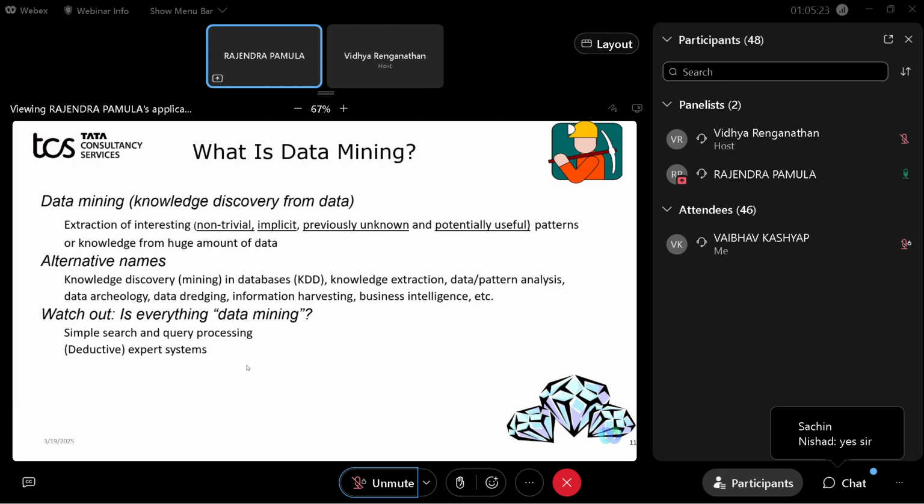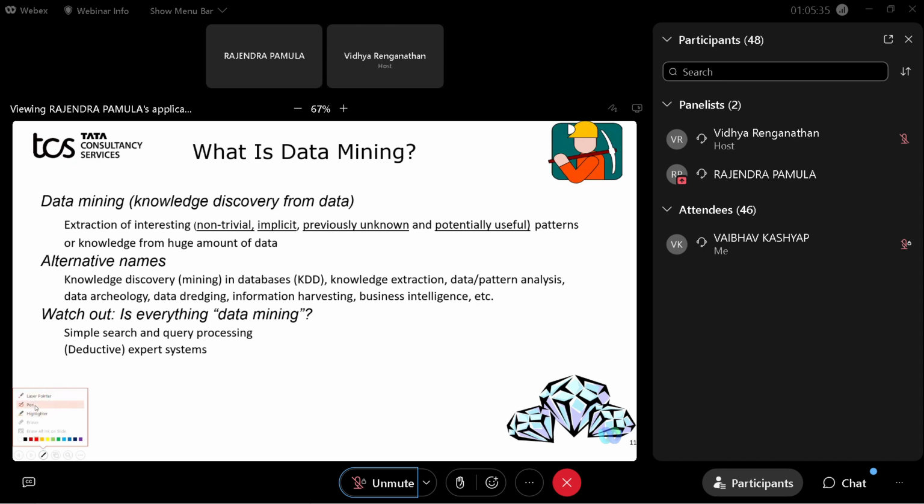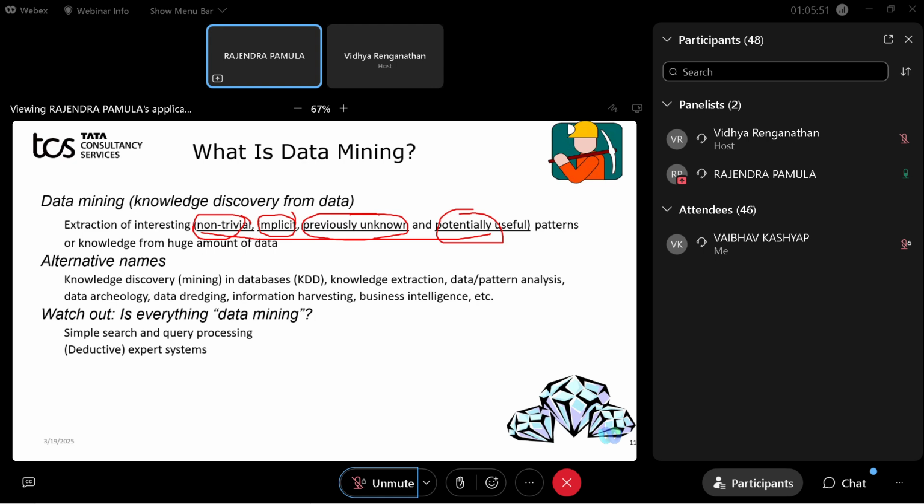So data mining can have this description: it is non-trivial, it is implicit in nature, it is previously unknown, and it can be useful in future.